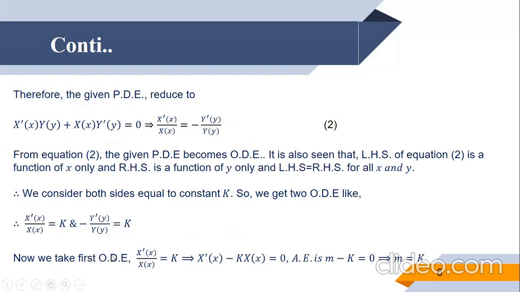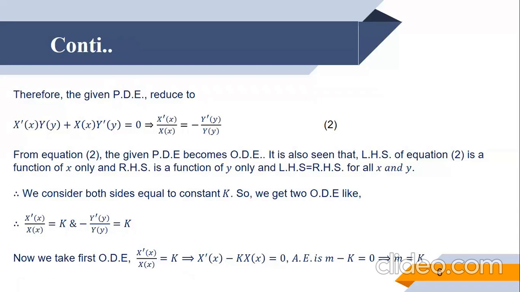Now we take the first ODE, X dash upon X is equal to k, where X dash is a function of x and X is also a function of x. So X dash is equal to kX. Therefore, X dash minus kX is equal to 0. And this is the first order ordinary differential equation.